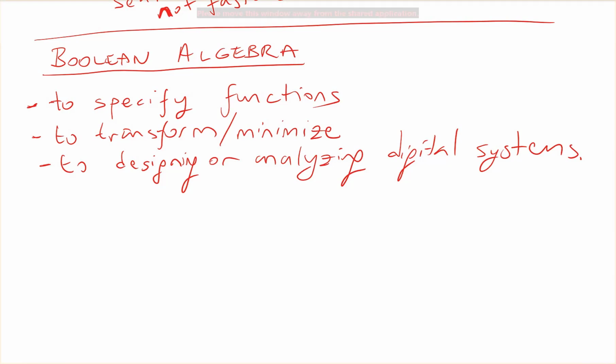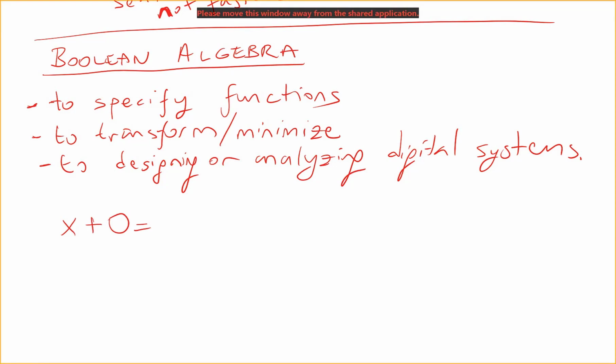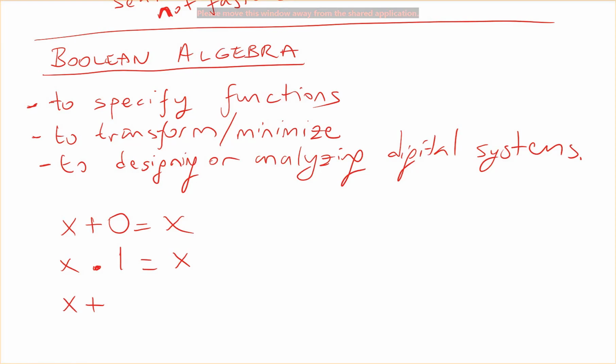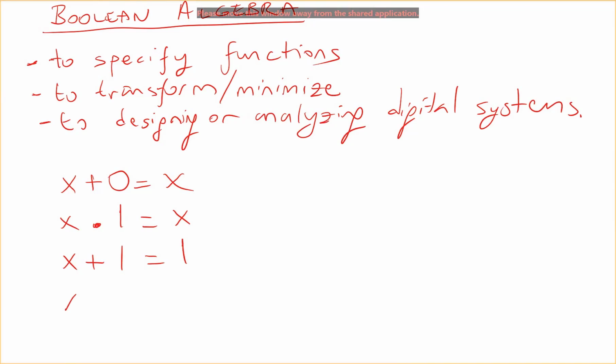The first property is, if I have a variable x and I OR it with 0, the result is the same. If I AND it with 1, my output will still be x. If I OR x with 1, the result is 1. If I AND x with 0, the result is 0.